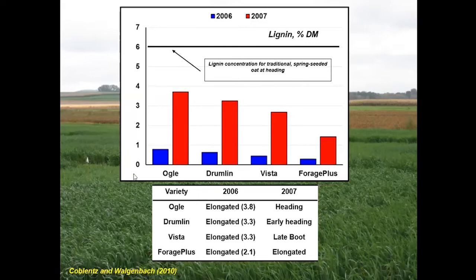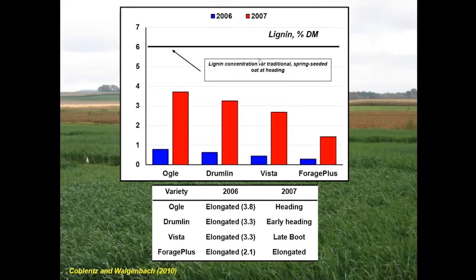One of which is when we did some analysis, we found that the lignin concentration in these forages was extremely low. Now, if you were to go to the NRC 2001 publication for dairy, you will find in the table that the lignin concentration of a headed oat plant should be about 10% of the NDF, which is going to be about 6% of the total dry matter.